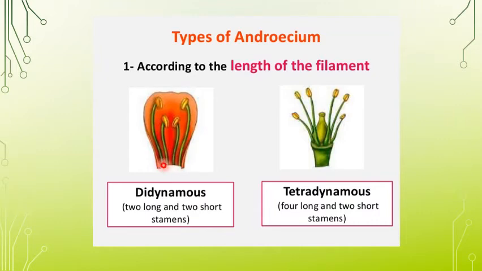Here you can see these are the longer ones and these are the shorter ones. And in tetradynamous you have four long and two short stamens. So these are the types depending upon the length of the filament.